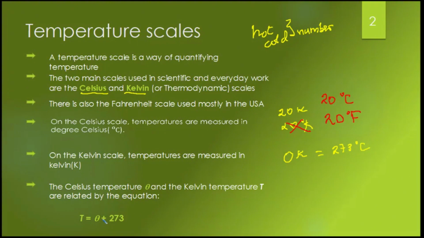So if we have a temperature, let's say 10 degrees Celsius, to convert it to Kelvin, simply say T equals 10 plus 273, and this is equal to 283 Kelvin.